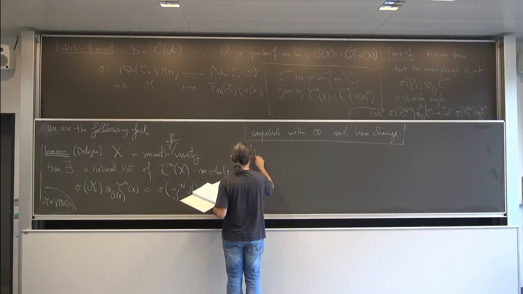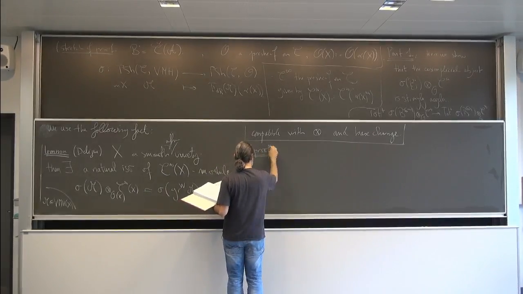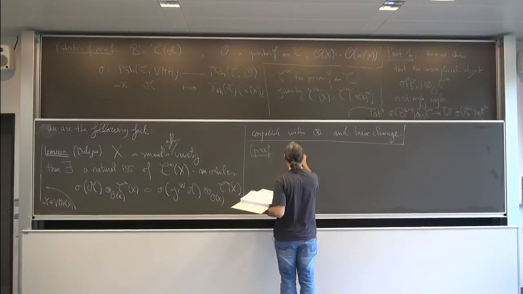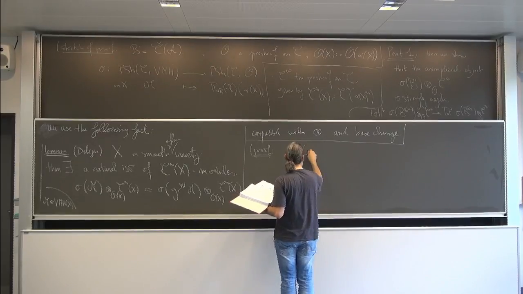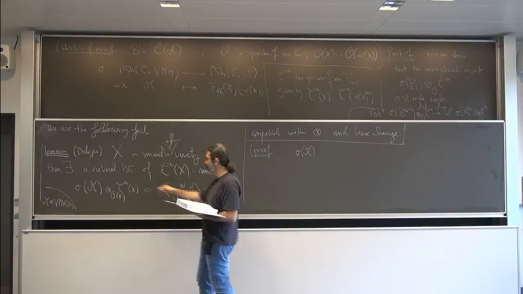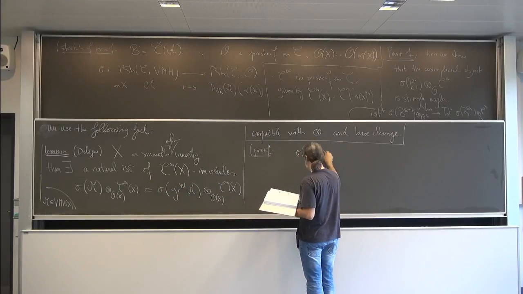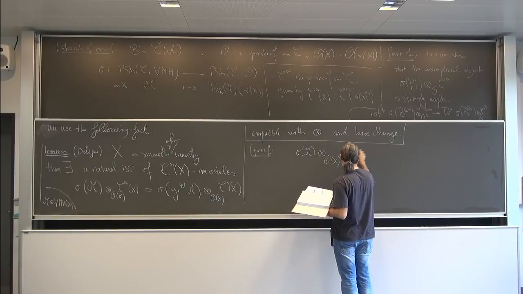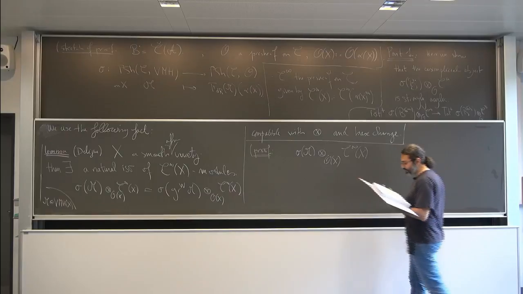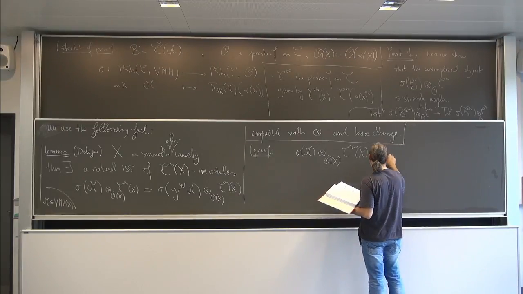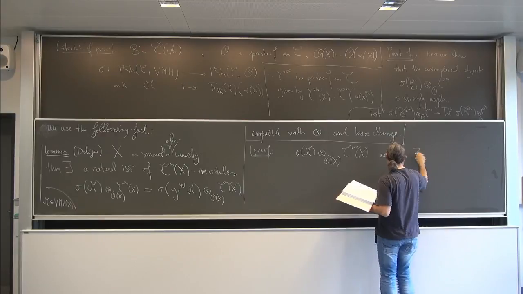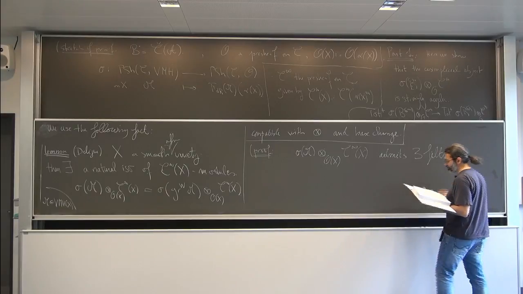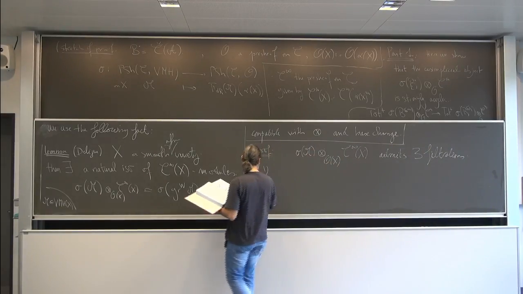So the point is that this guy, this C infinity module O M tensored with C infinity X over O X, has three natural filtrations. So there is a weight filtration.